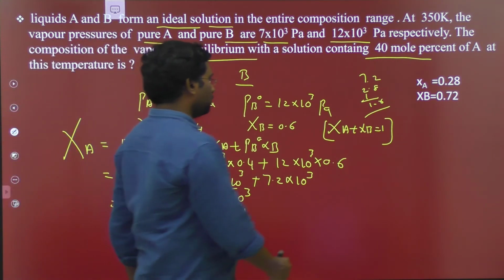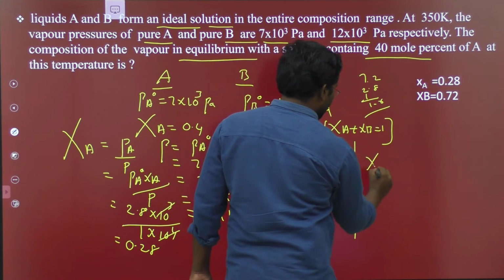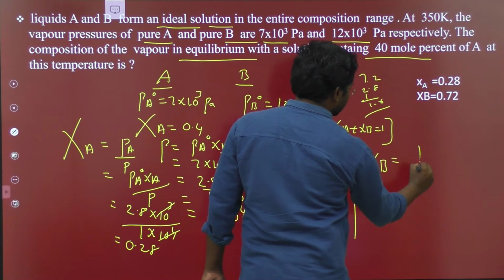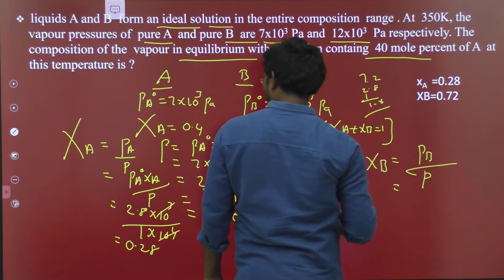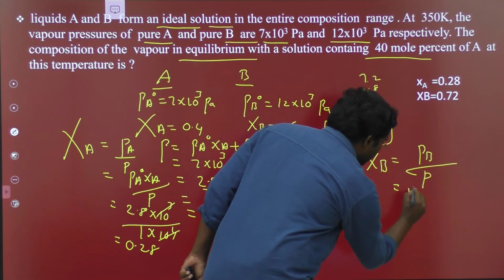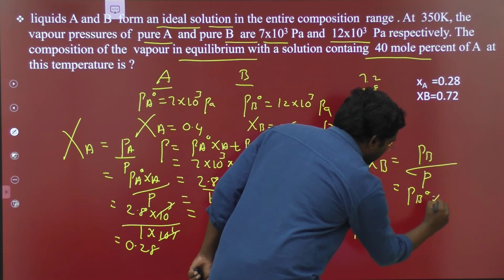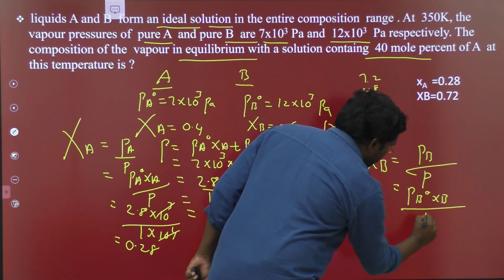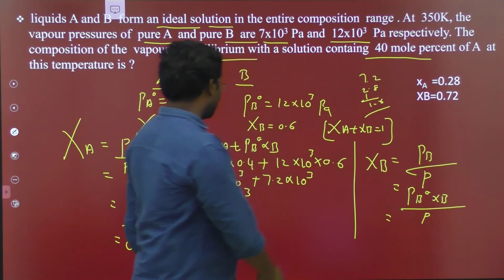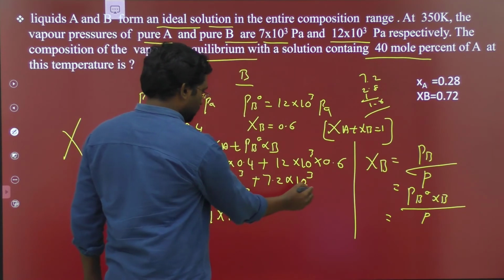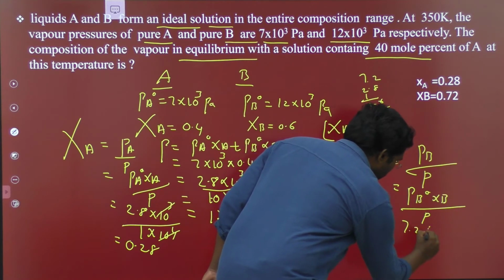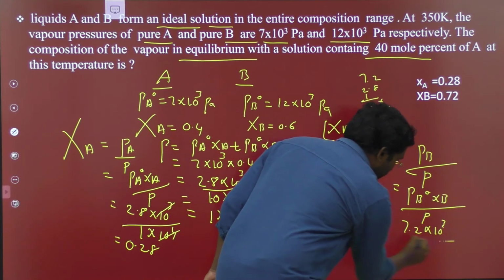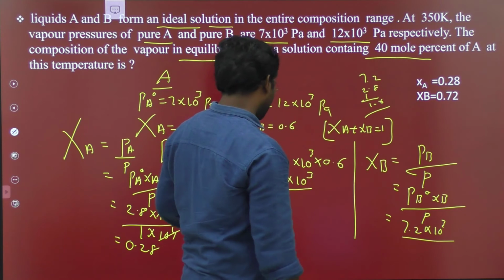In case of component B, Xi B in vapor state, PB by total pressure P. PB means PB naught Xi B by P. What is the value of PB naught Xi B? 7.2 into 10 power 3, by total pressure P, how much? 1 into 10 power 4.